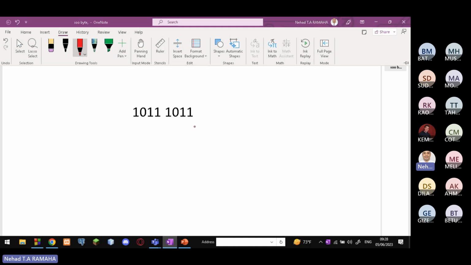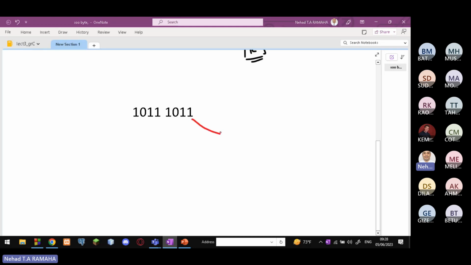So we see this number as a signed number. So I will multiply each one with the position. This one multiplied by 2 power 0. And here, don't forget, this one is the sign.